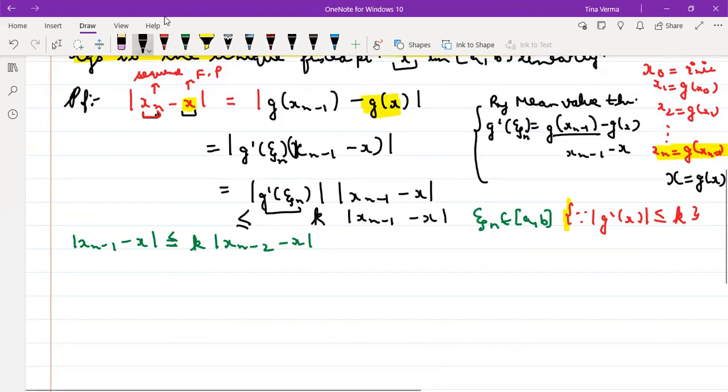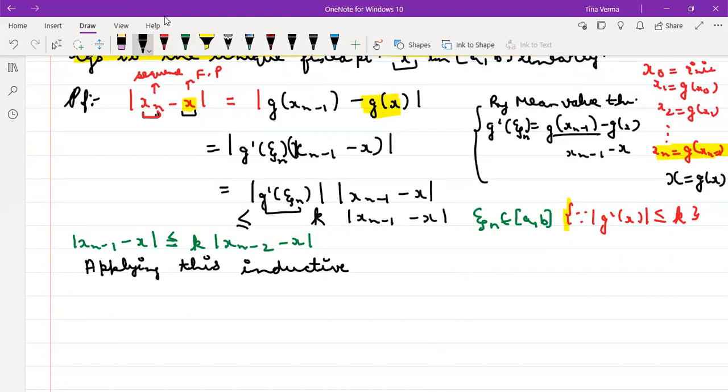So applying this inductively, it will be modulus of xn minus x. If you are saying this is less than or equal to this thing, this means k times modulus of xn minus 1 minus x.